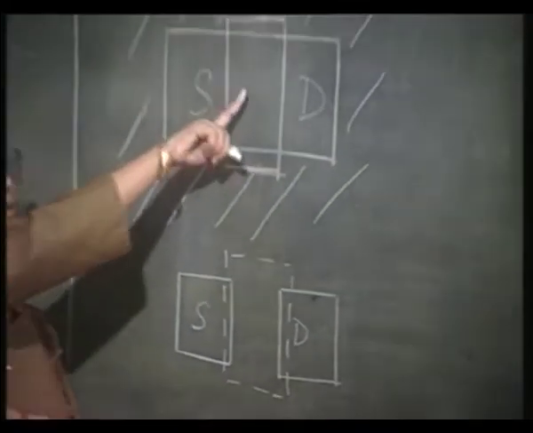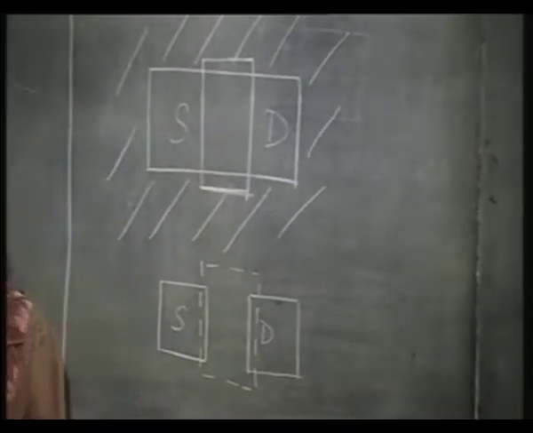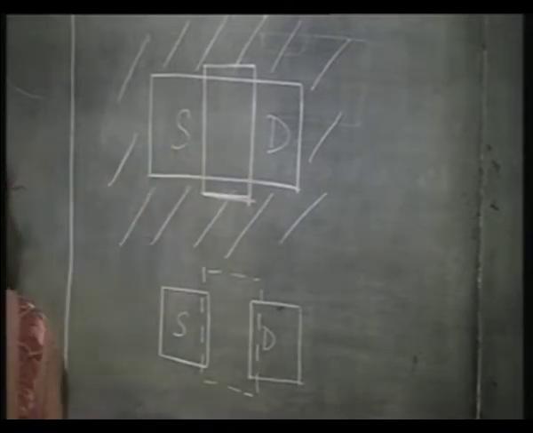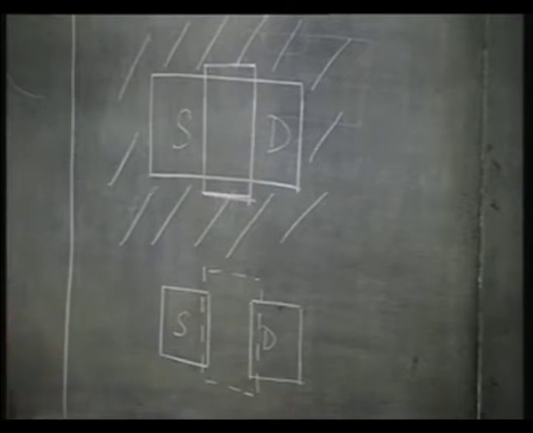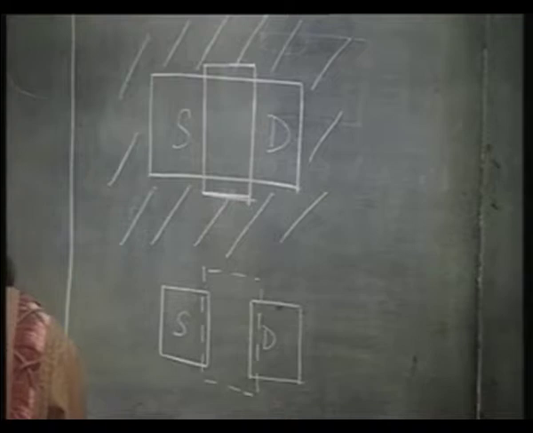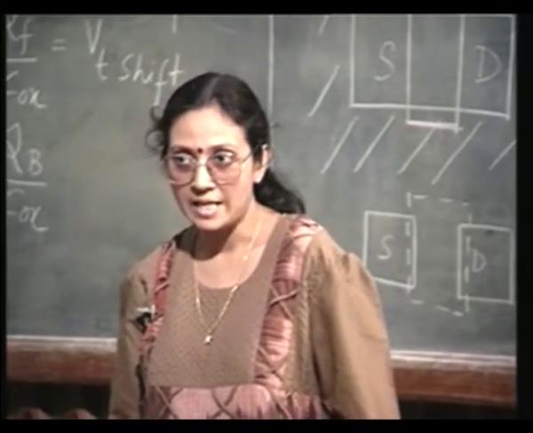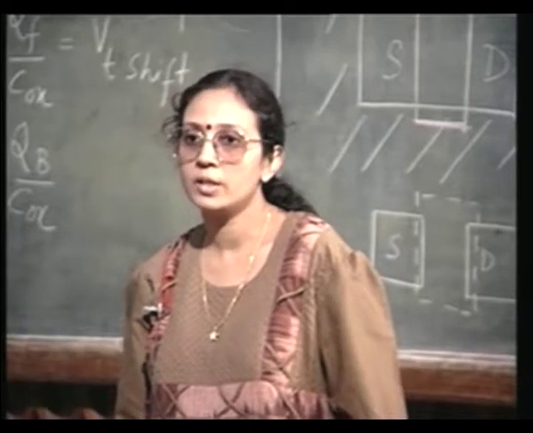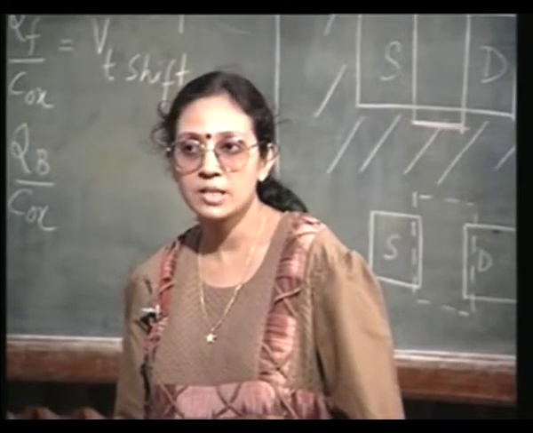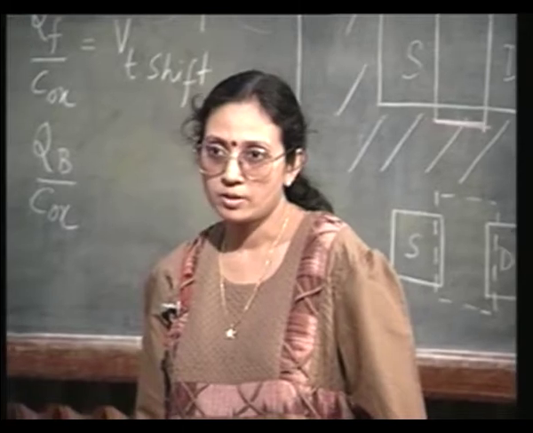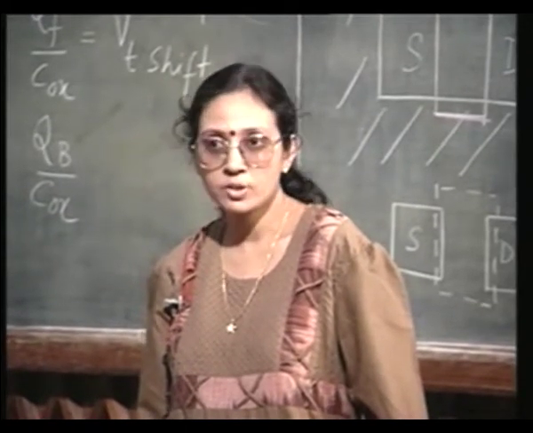Here, because the gate is defined first, the source and drain are automatically aligned to the gate. Then why couldn't we do it for this technology? For the very simple reason that we were using aluminum gate, and once you put aluminum, you cannot subject the semiconductor to any high temperature processing.